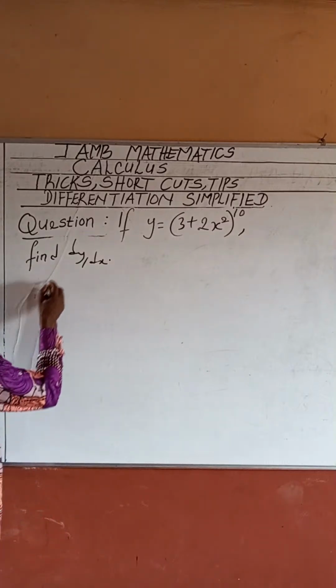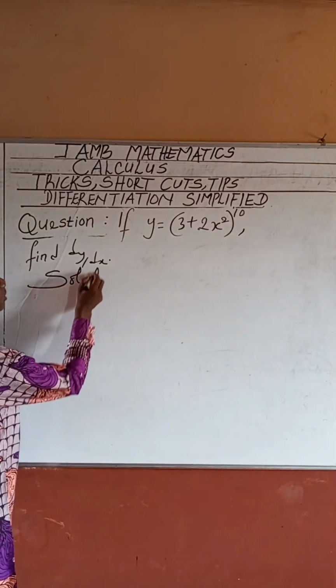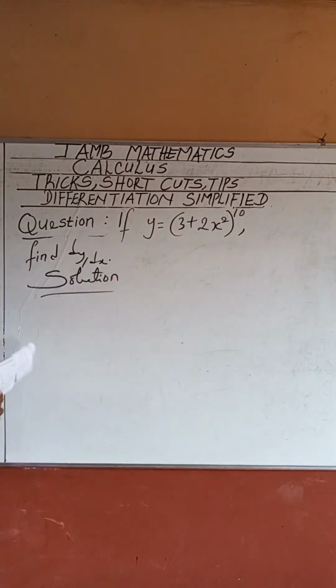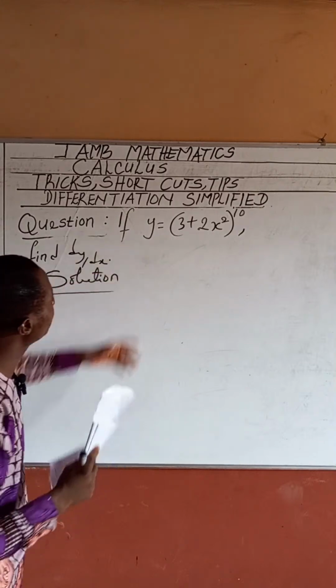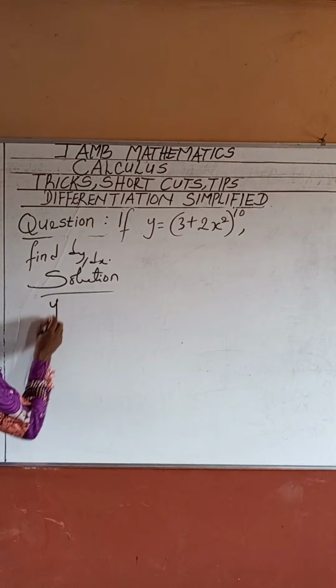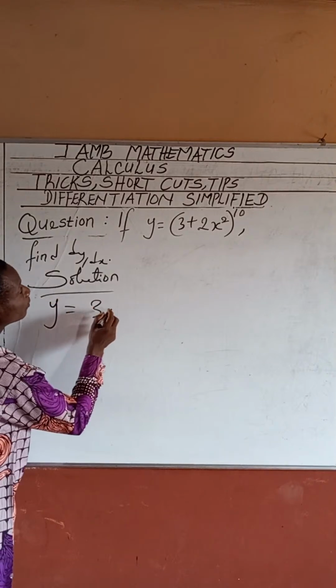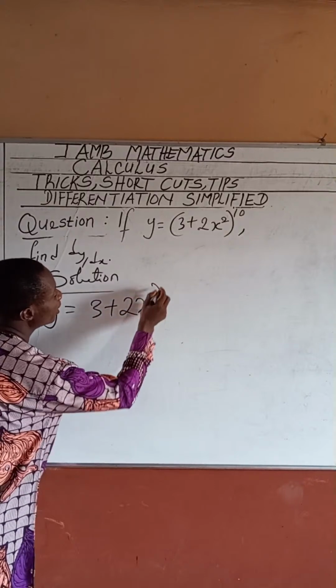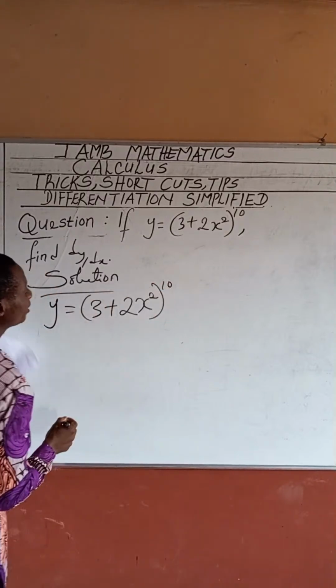What is the solution? What do you make of this? Put the answer in the chat area. Let me see from you. We have y equals (3 plus 2x squared) raised to power 10.